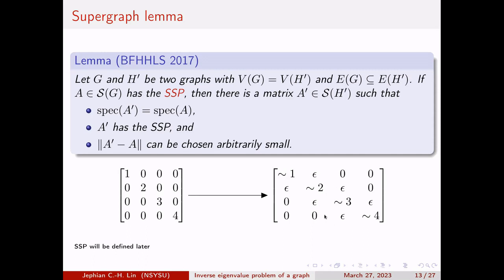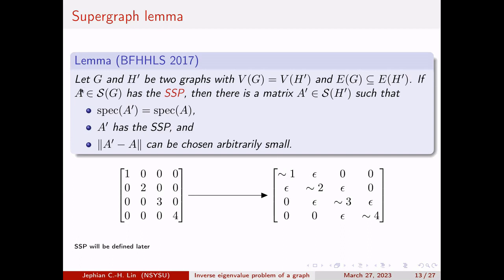If this is successful, then I come up with a matrix of the path such that the spectrum is also 1, 2, 3, 4. In terms of the graph, this is the matrix of 4 isolated vertices, and this is the matrix of P4.